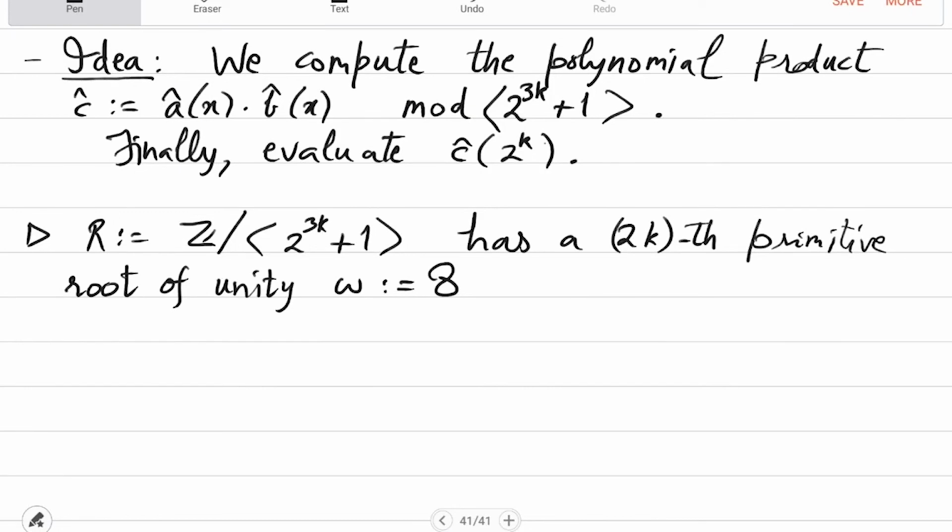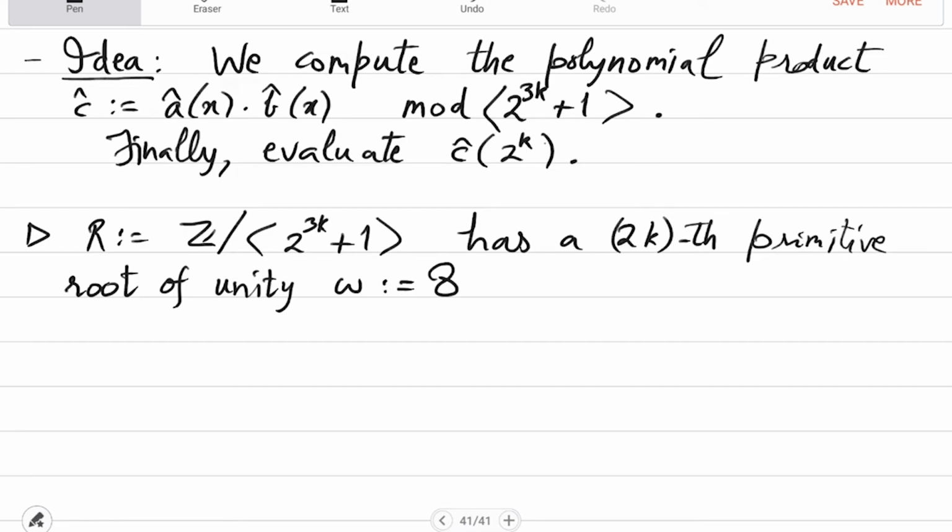That is perfect because you don't need a complicated construction to get omega. Omega is just as simple as going modulo that number. So that will save us a significant amount of this ring extension business that we did in fast polynomial multiplication.